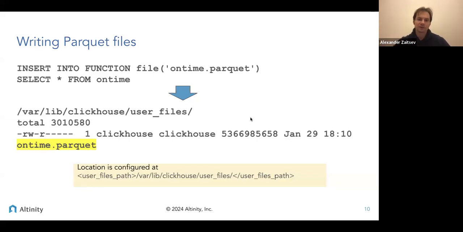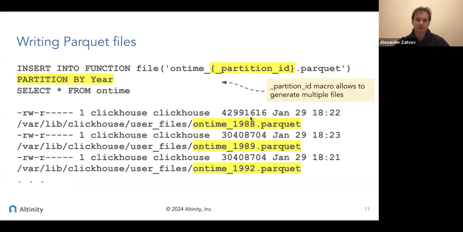Sometimes it is convenient. Sometimes, especially if you have a big data set, it's not very convenient. So ClickHouse has a different way to write bigger tables into files, and it is called partitioning. How is it performed? In order to write a partitioned Parquet file, you need to do two things.